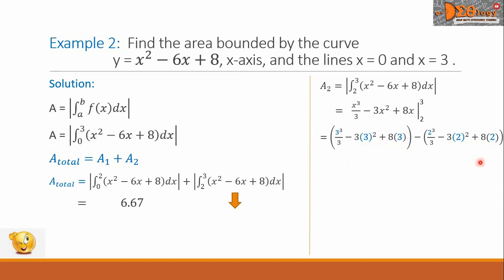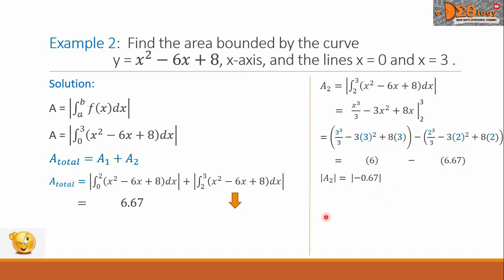Simplifying the first group and the second group, we have now the first group to be simplified into 6. Then minus the second group is 6.67. We know that when we compute for the area, we will take the absolute value. 6 minus 6.67 is negative 0.67.